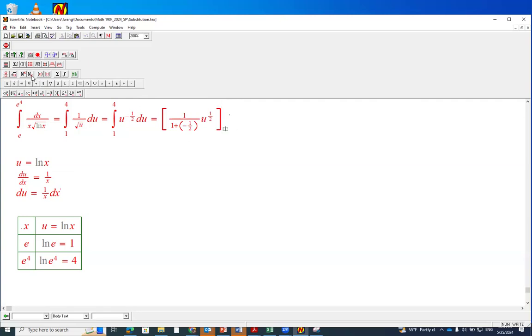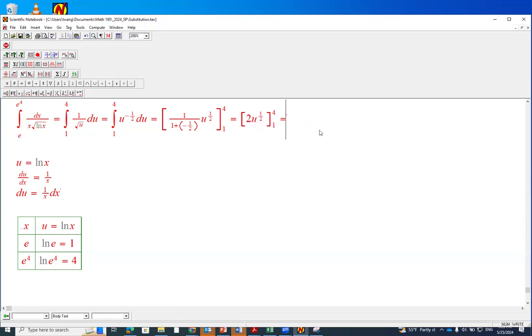And then we just have to plug in the numbers, which is 1 to 4. We're going to organize the term a little bit. So this is going to be half. 1 over half, that's going to be 2.